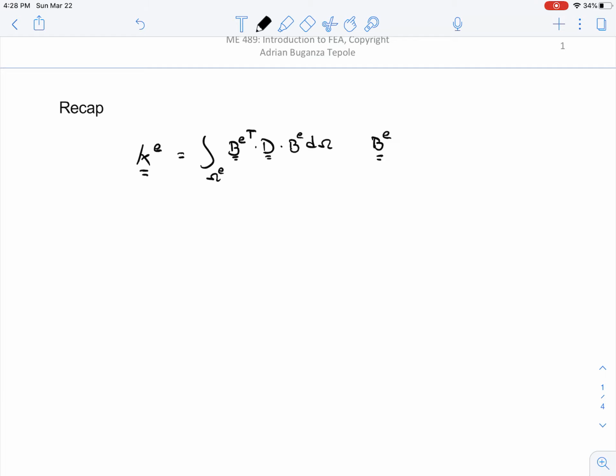And this BE matrix is a matrix that has the gradients of the shape functions.